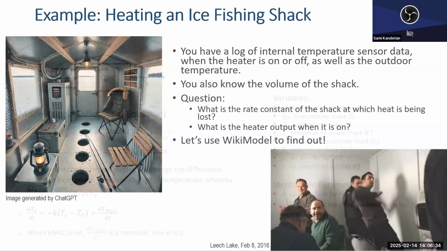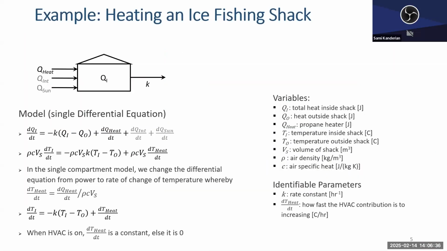So before we go to WikiModel, we have to figure out what the equations are. And really, there's only one equation, and you could start with your power equation, or rate of change of energy, and with a little math and physics, you can convert the rate of change of energy to rate of change of temperature.